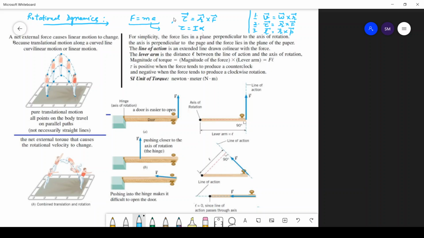So we will have two formulas of torque. One is the analogy of the formula F equals Ma, and the second one, torque is equal to R cross F, which is the prominent formula.